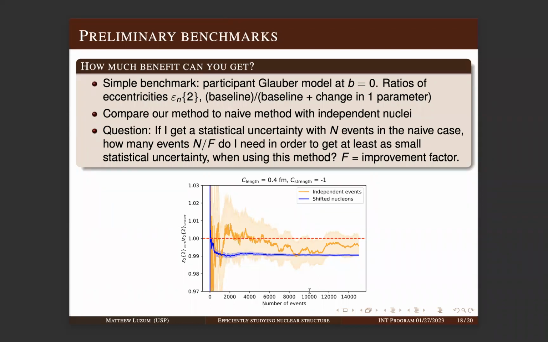I'm just adding an event. So this point has 10,000 events, and the next point is the same events with another one added. But it still gives you an accurate estimate of the uncertainty at that point, just by doing the jackknife resampling of those events.